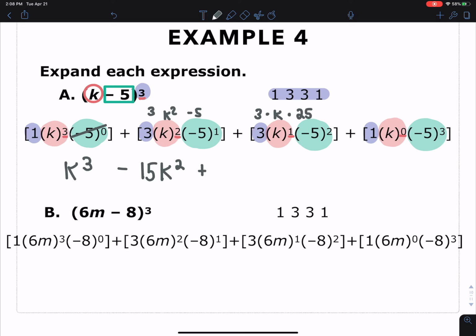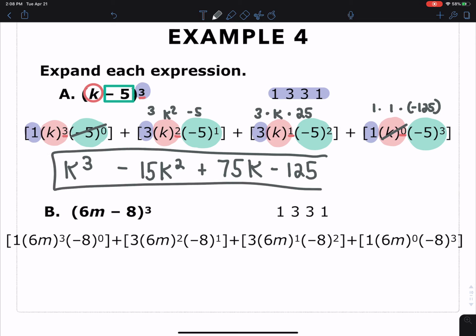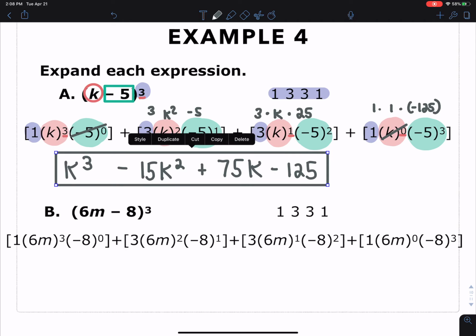So we'd have plus 3 times 25, which is 75k. And then again, k to the 0 is just 1. So we have 1 times -5 to the 3rd, which is -125. So you save yourself a lot of foiling and using the box by using Pascal's triangle to expand this binomial, which is k minus 5.